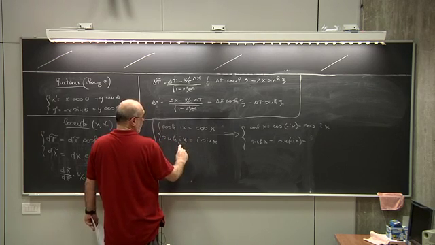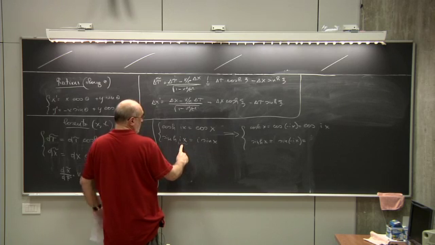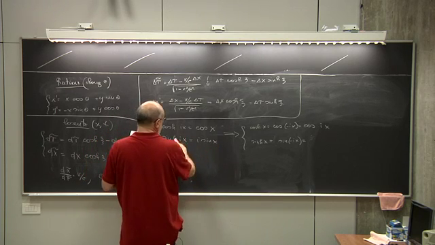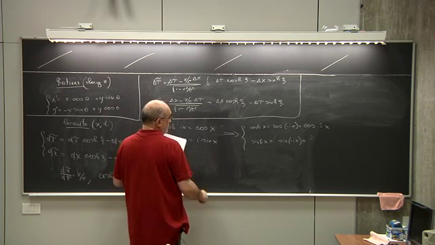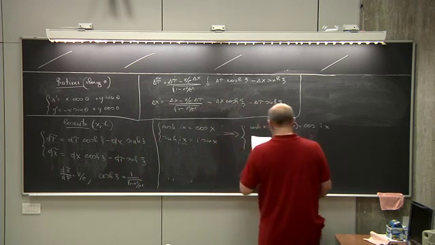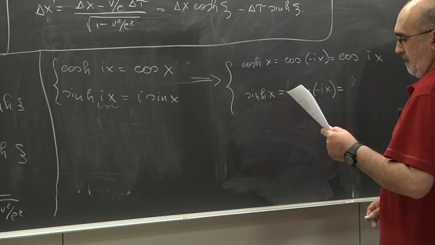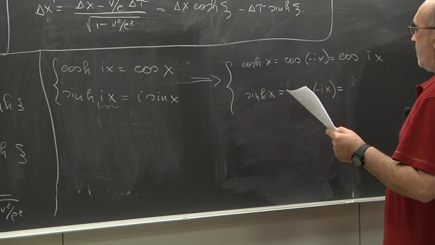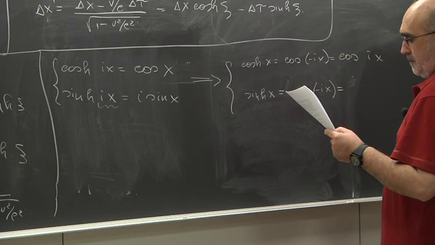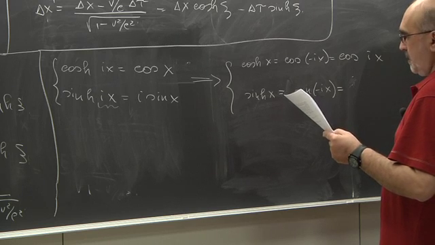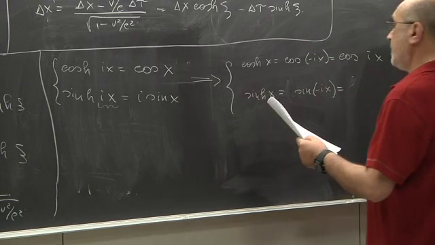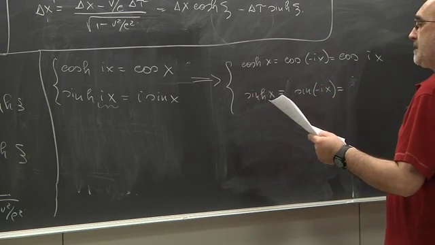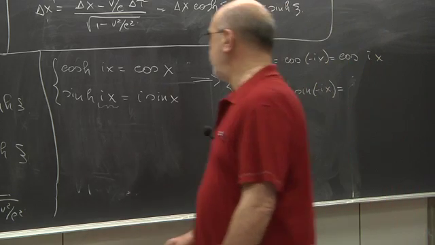Let's call this x. Then sine of x, x is minus i, so it's minus i. Let's see if I did it right. There is an i.